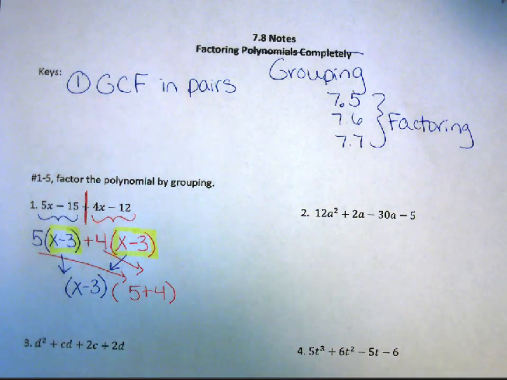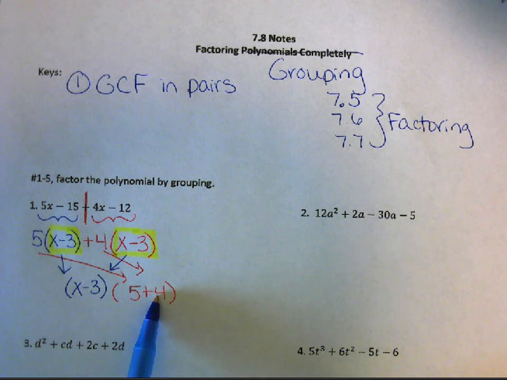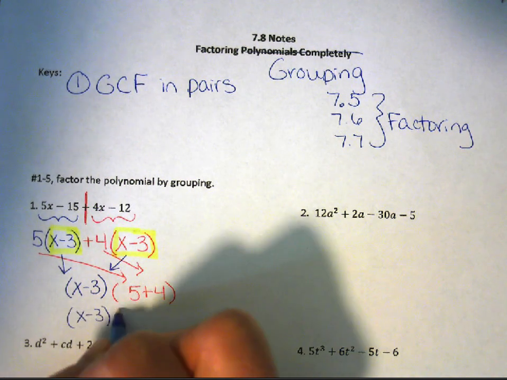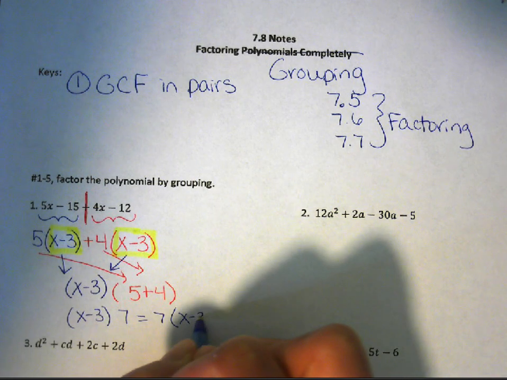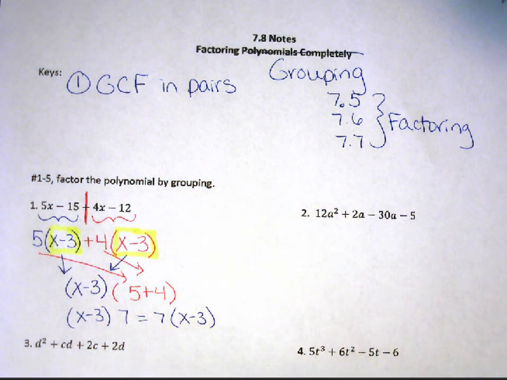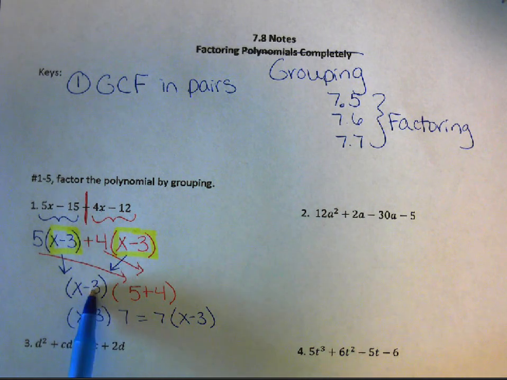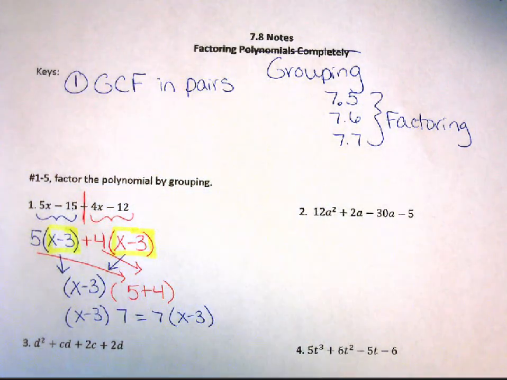Now, many times this will also have a variable in it, and so you would just leave it, but do you see how this can be cleaned up, 5 plus 4? So we could go ahead and make that a 7, and you could even write the 7 first if you want. It's up to you, okay? But what you want to do is put your parenthesis piece together and then put what you're left over with. Okay, so let's try another one.